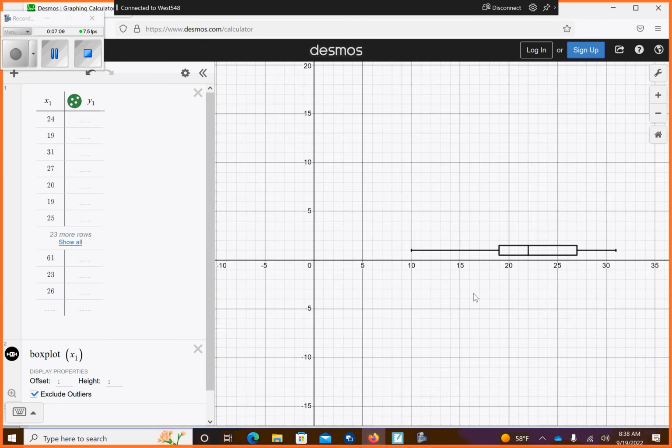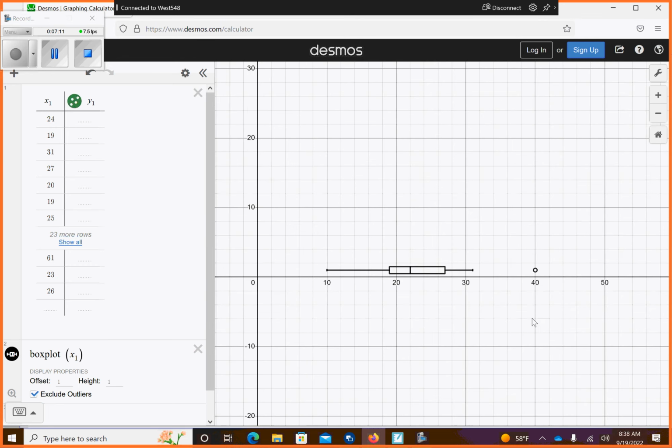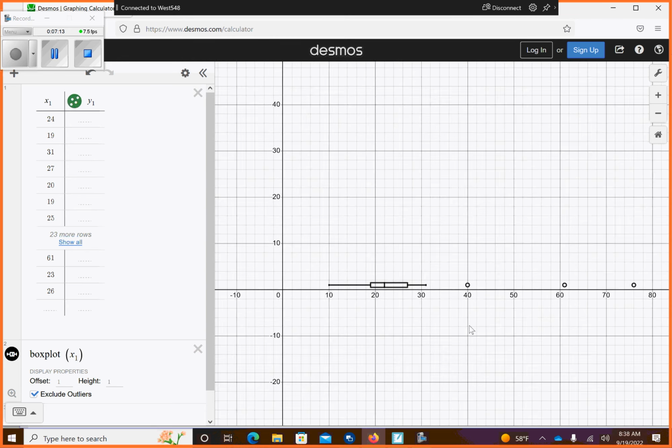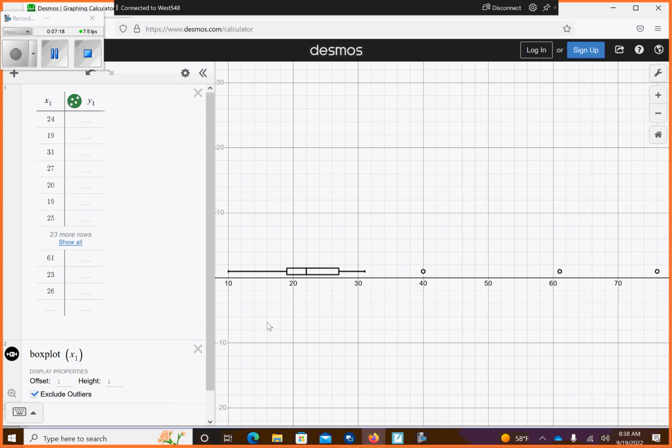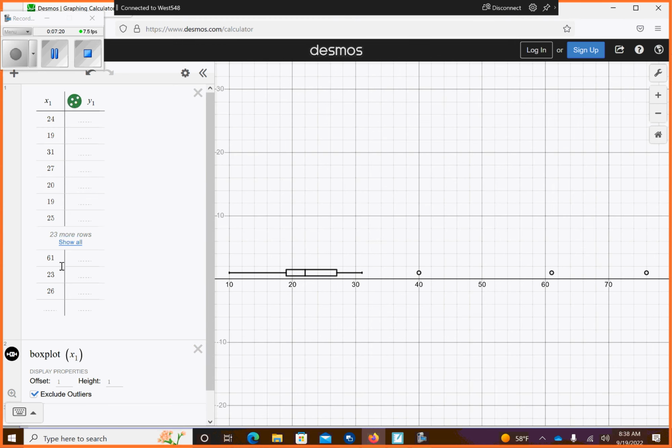So if I take a look at our graph, so our graph at the 40, at the 61, and at the 76, those are the outliers. If I don't hit the exclude outliers, they make that line long, okay? You want to know what the outliers are, so make sure that you have that hit.